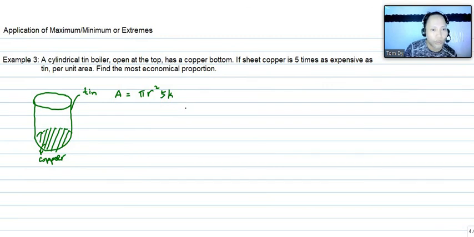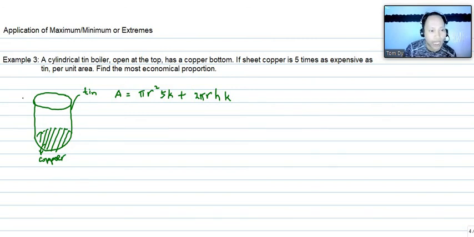And then we also have the area of the tin, the side part of our cylinder. How do we find the area? That is plus the circumference, which is 2 pi r, times height, times the cost. We will make use of k as the cost of our tin.